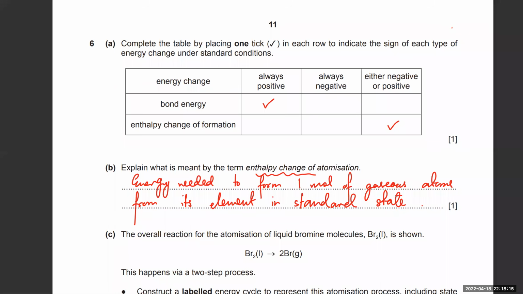Like if you want to make 1 mole of gaseous carbon atoms from its elements, the element would be carbon solid. If you want to make 1 mole of Cl gaseous atoms from its element, the element is Cl2 gas, and there's going to be half of it. So that is enthalpy change of atomization.